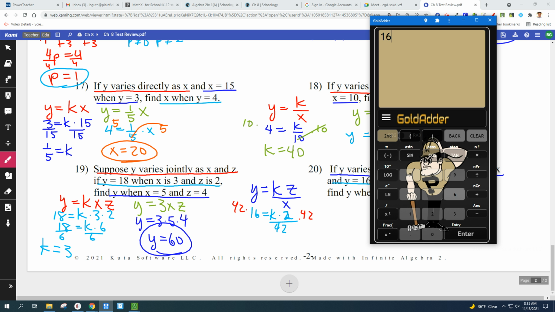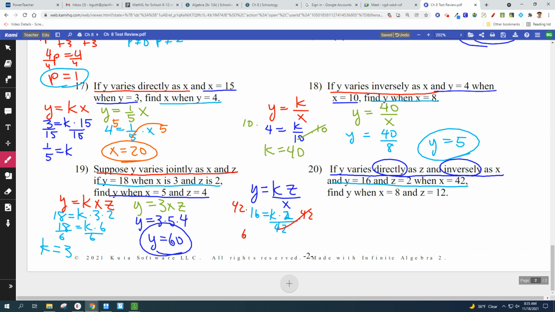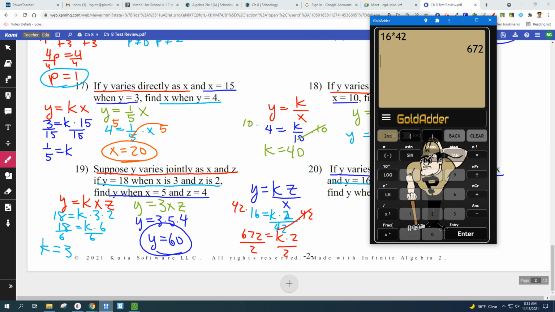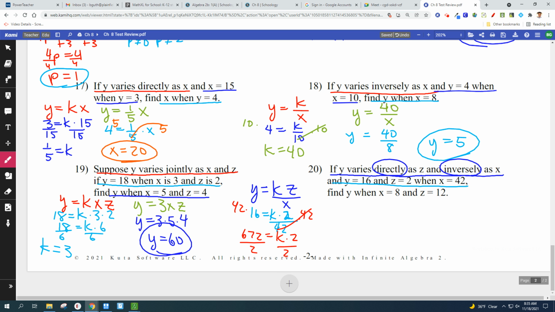So 16 times 42 is 672. 672 equals k times 2. So we'll divide by 2. 672 divided by 2 is 336. k equals 336. That's your constant of variation.